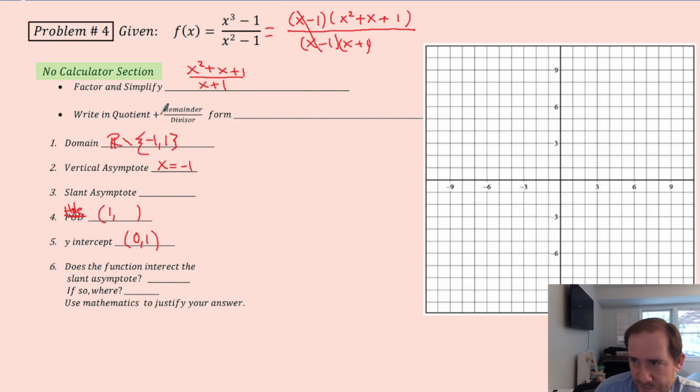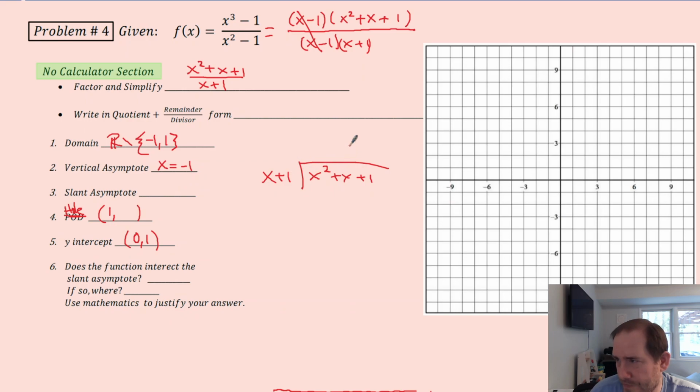In terms of quotient plus remainder over divisor form, we got to do our long division. So let's do that. Where's my pen? Right here. So I should not go below this line, or you guys won't be able to see what I'm doing. Alright, I got plenty of room up here though. So we're going to do x plus 1 into x squared plus x plus 1. So x goes in, x squared plus x.